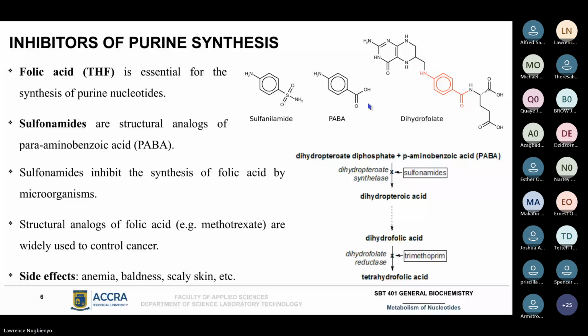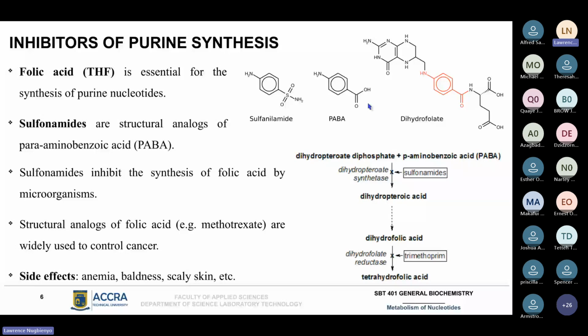Now, we humans, we do not synthesize folic acid. We take in folic acid through food, or maybe sometimes through supplements. So the folic acid which is required by our cells, we take it in from food. But bacteria are able to synthesize folic acid.